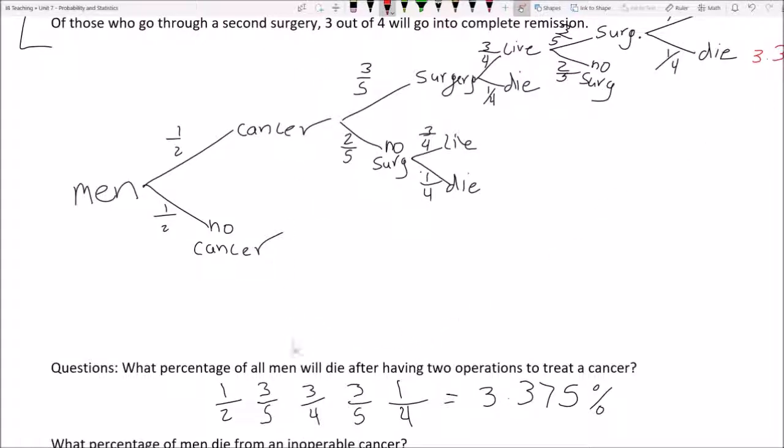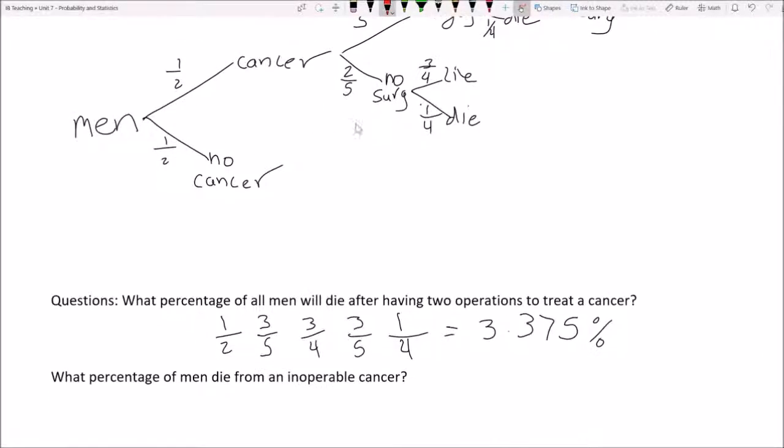All right, what about the next one? What percentage of men are going to die from an inoperable cancer? So let's trace the series of events. So starting out with a man, so it's sort of conditional probability, because the condition is you have to be a man to be in this question. So you would first have to be diagnosed, that's a 1 in 2. It would have to then be inoperable, so no surgery, so that would be a 2 out of 5. And they're talking about a not successful surgery, so that would be 1 in 4.